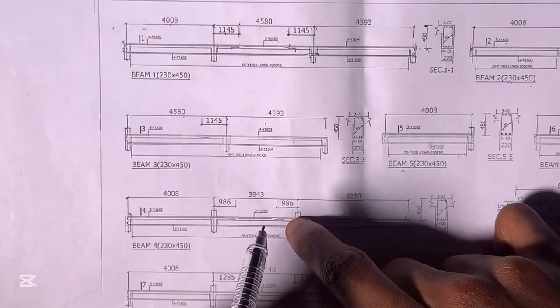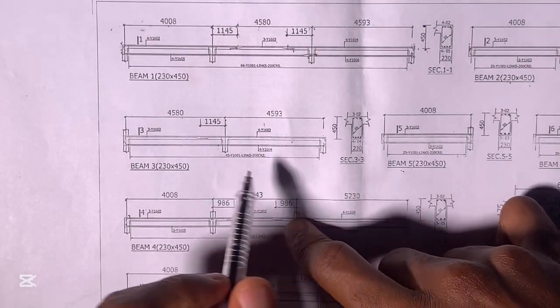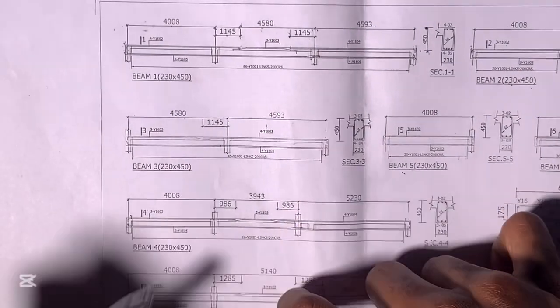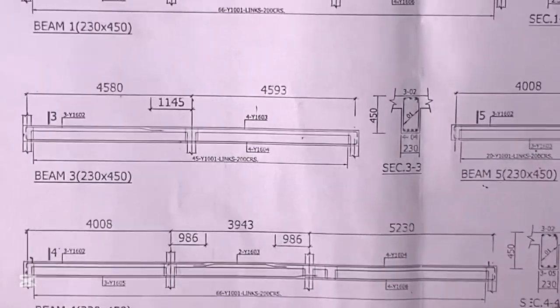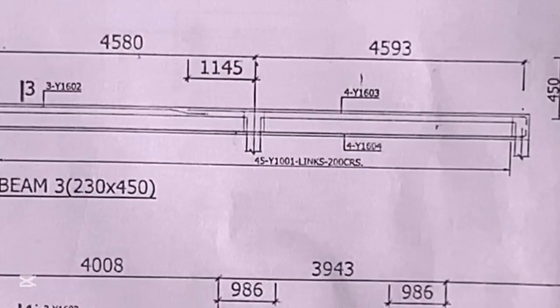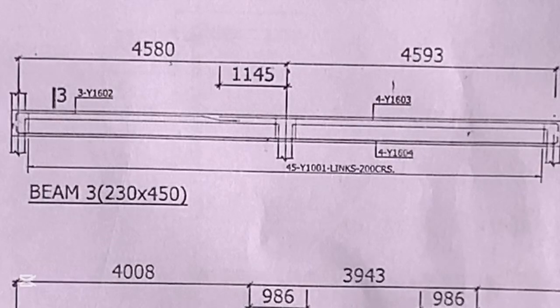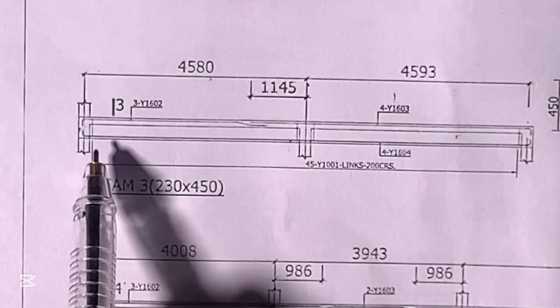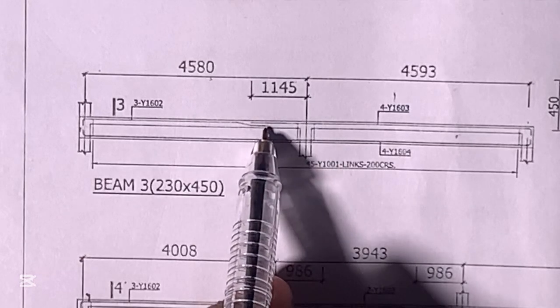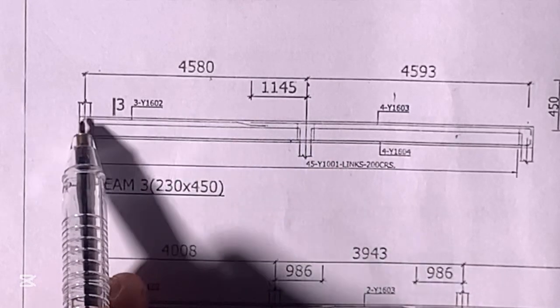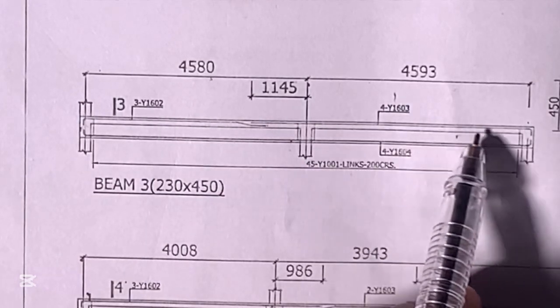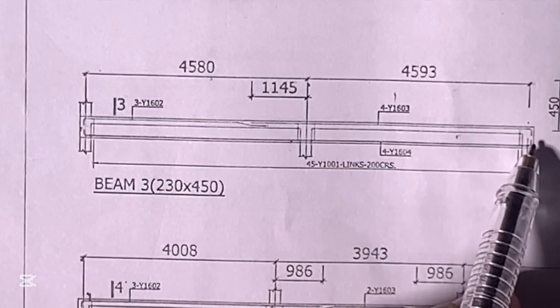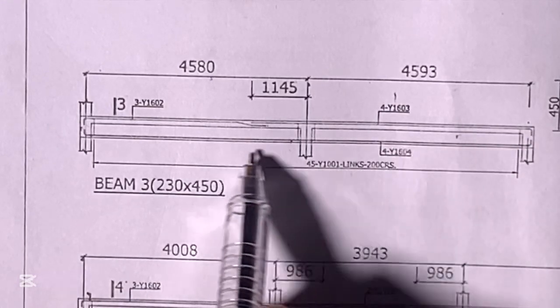So we want to determine the length of the reinforcement in beam 3. How many reinforcements can we see? For beam 3, you can see that we have these reinforcements: from this point here, 1; from this point here, this long one, 2; and then the under one, which is this one here, 3.